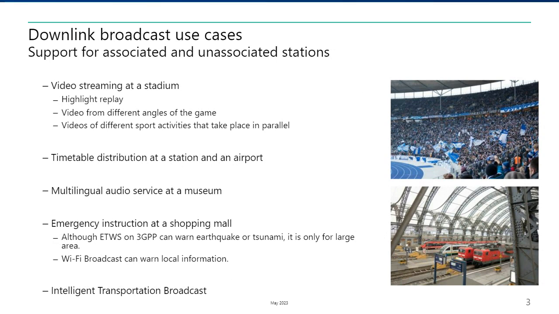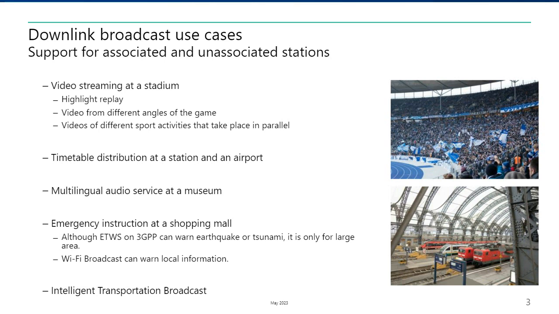We target as a use case downlink support for associated and unassociated stations. In the beginning, we looked at video streaming in large stadiums where the audience wants to receive a highlighted replay of the soccer or football game, have video from the game from different angles, or different sports activities in parallel. Also, a very dominant use case is the timetable distribution at stations or airports, or multilingual audio services at museums.